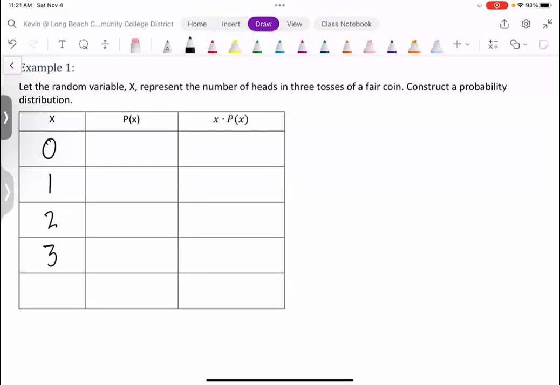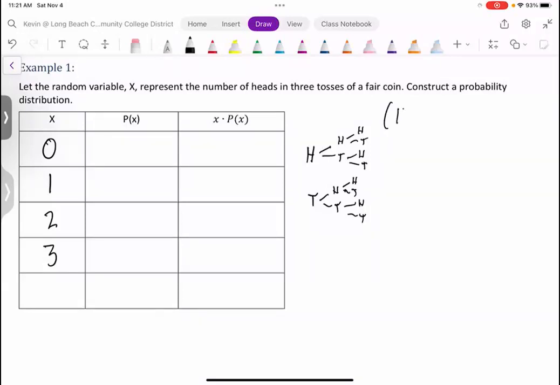I want to make a little diagram here. My first toss is going to be heads or tails, the second toss will be heads or tails, and the third toss is either going to be heads or tails. I'm going to write these out.